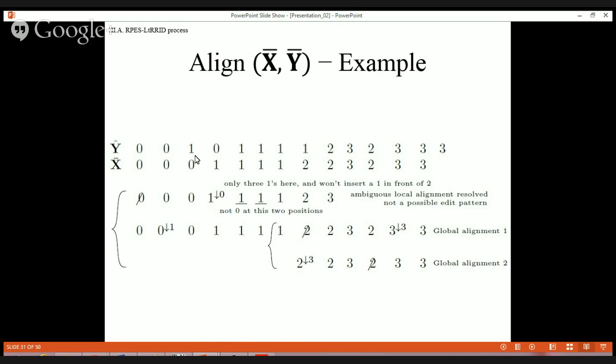And then we check the second run. The second run of Y hat is a 1, and in X is 4 ones. It's 1, 1, 1, 1.